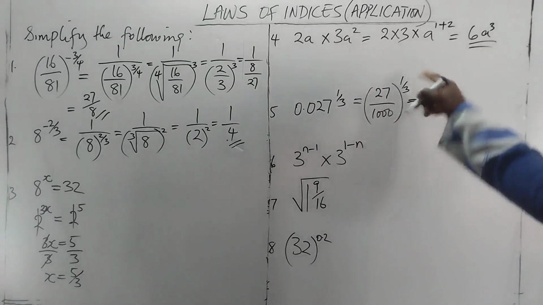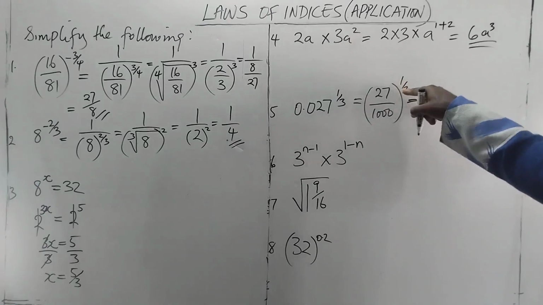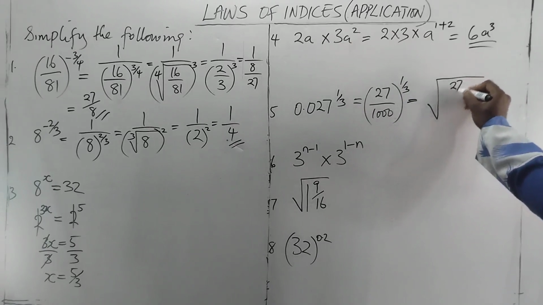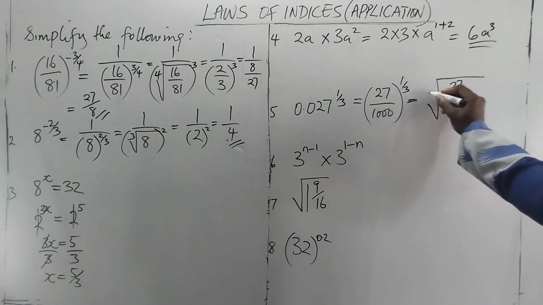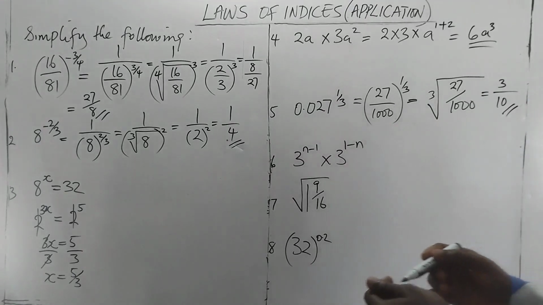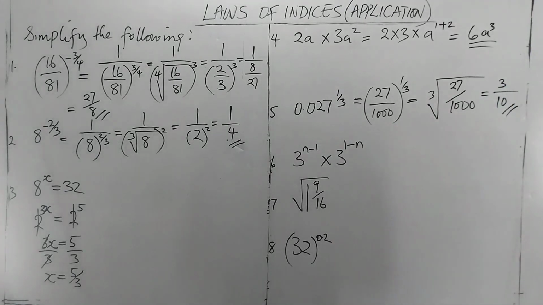Then you continue. Fractional index law. This will be cube root of 27 over 1000. Then cube root of 27 will give you 3, while cube root of 1000 will give you 10. So your answer is 3 over 10.